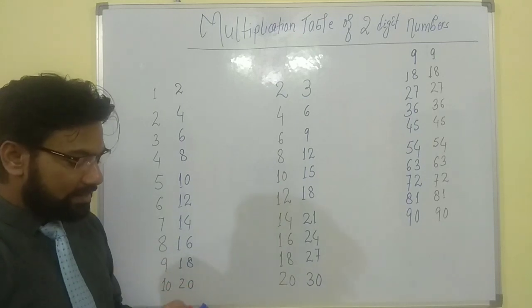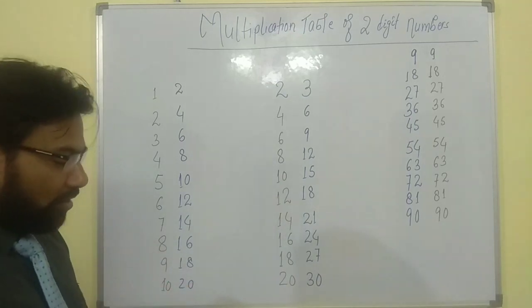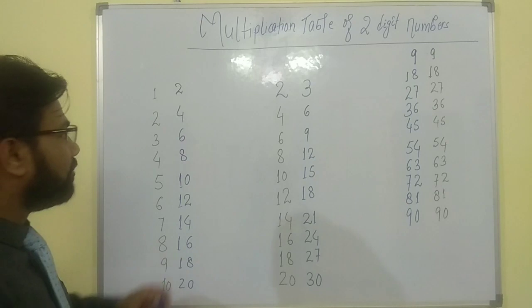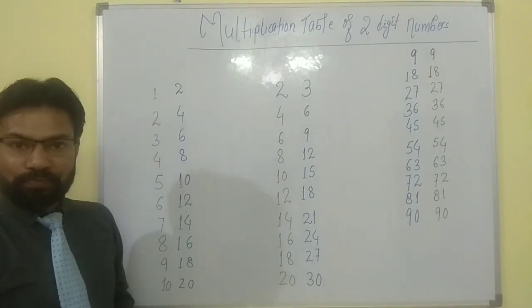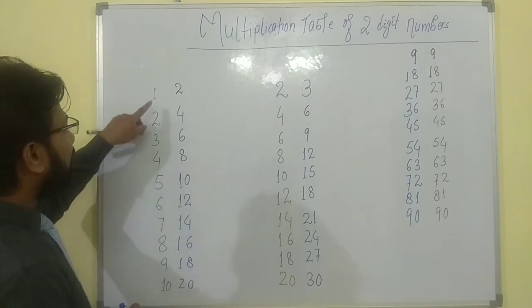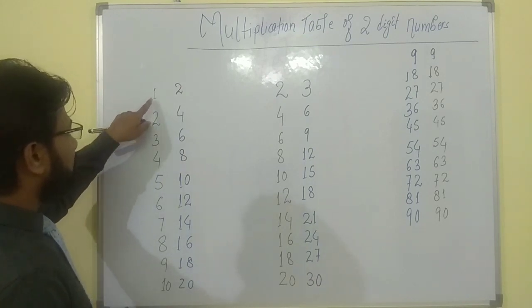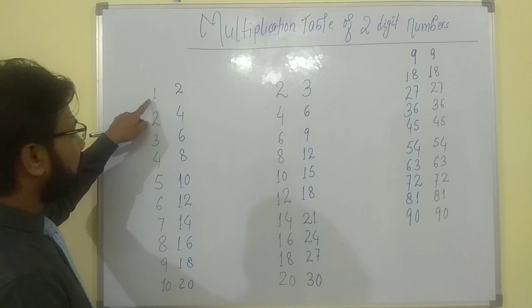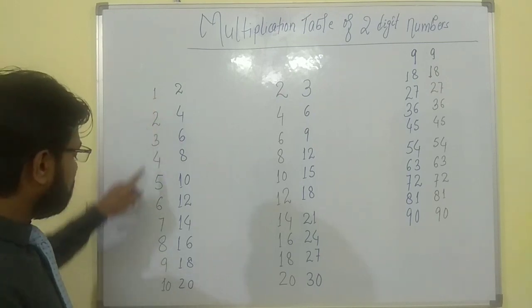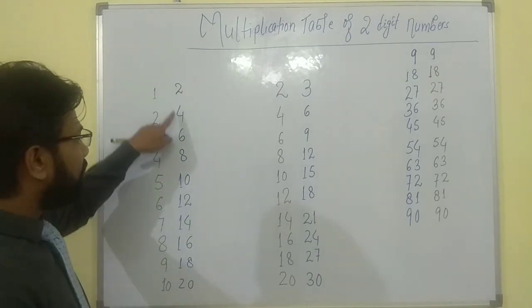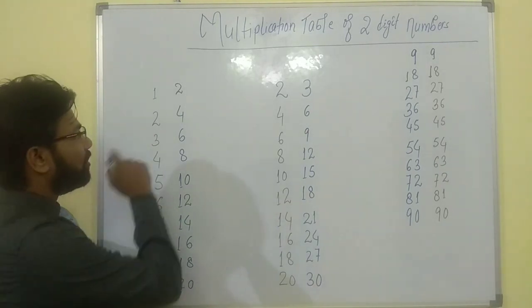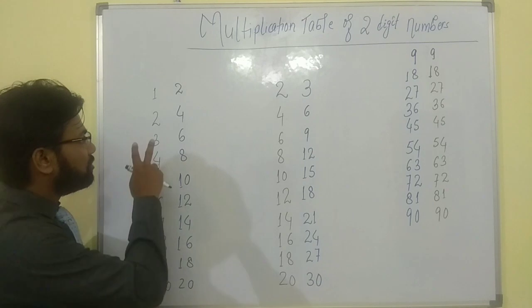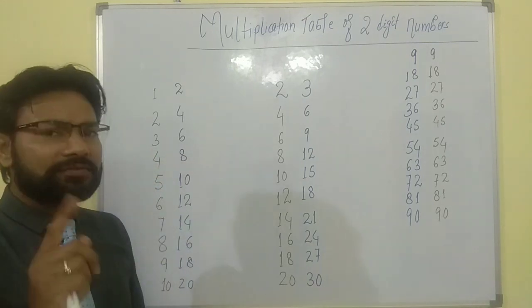What I have done is I have written the tables of the two digits that 12 is made up of. 12 is made up of the two digits 1 and 2. So we write their respective tables: on the left side is the table of 1, and I have also written the table of 2. Now what do we do to get the table of 12? These two tables give us the table of 12, and it's very simple.